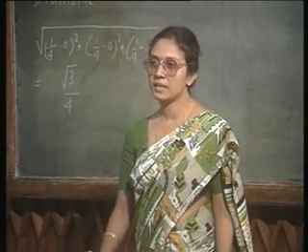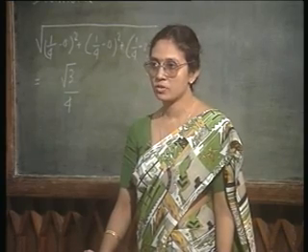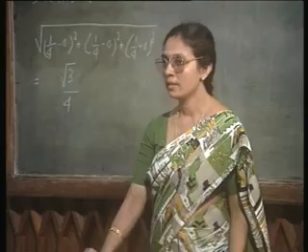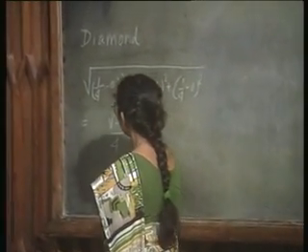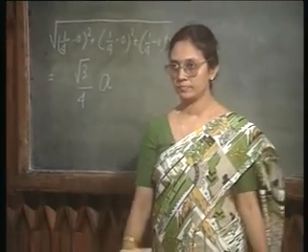If I consider that this cell has a lattice constant of A, then this distance will be root 3 by 4 times A, isn't it?